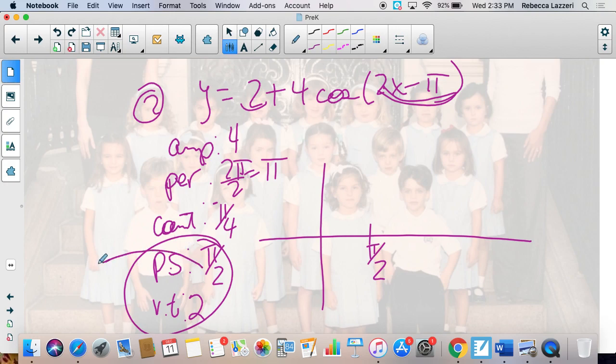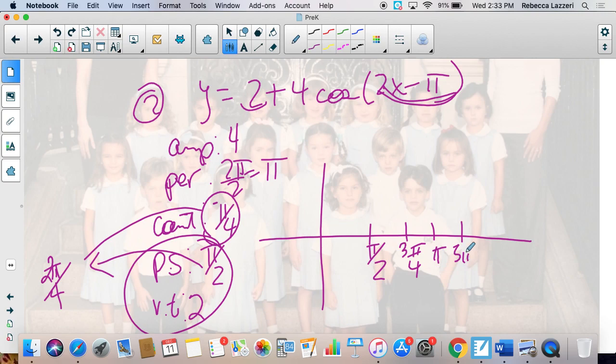I'm going to change my starting place to 2 pi over 4 so that I can add pi over 4. So I'm starting at pi over 2 and adding pi over 4. So 2 pi over 4 plus pi over 4, I get 3 pi over 4, 4 pi over 4, 5 pi over 4, and 6 pi over 4.